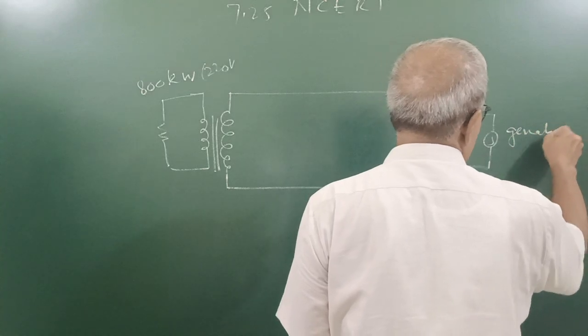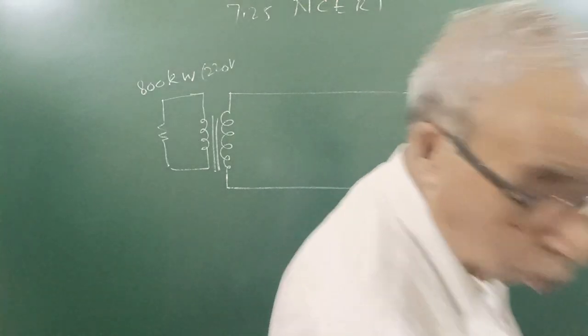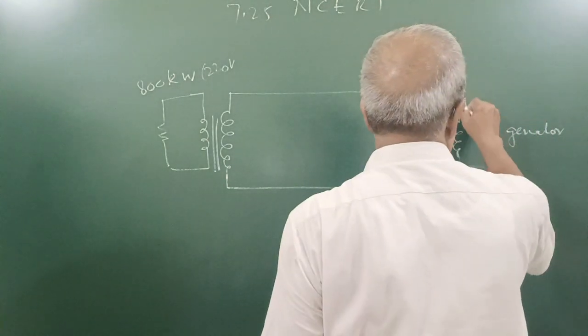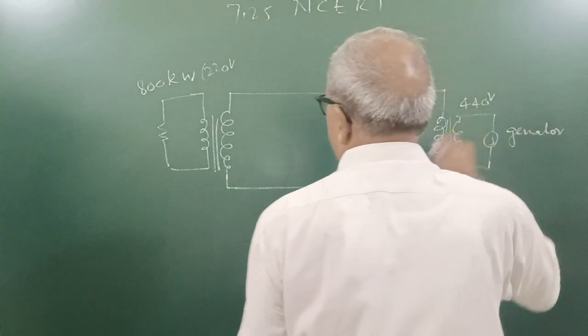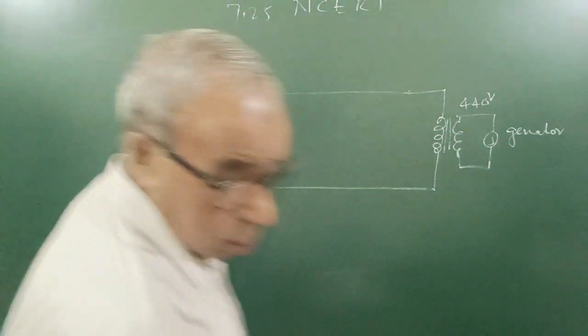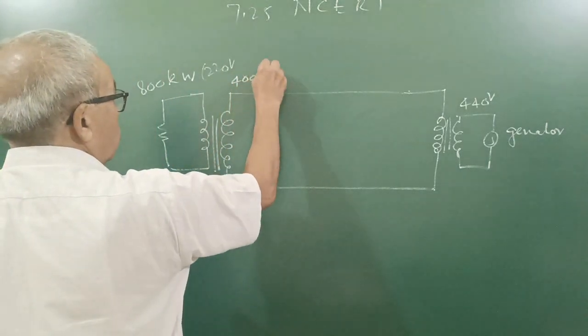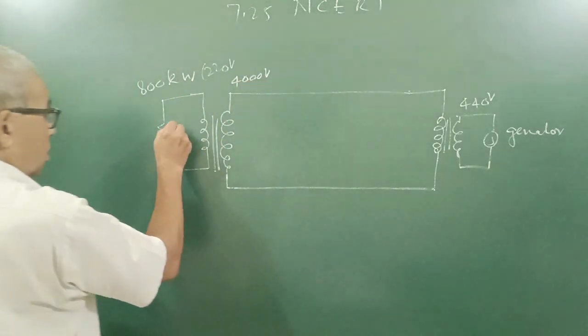Generator. We generate at 440 volt. And here it gets 220 volt, 4000 volt. Step down transformer, 4000 volt. Here the load.